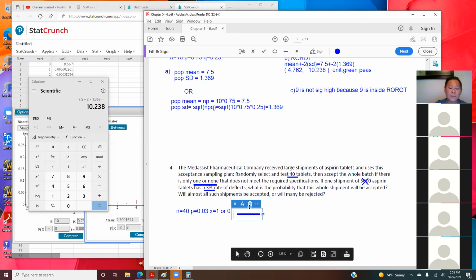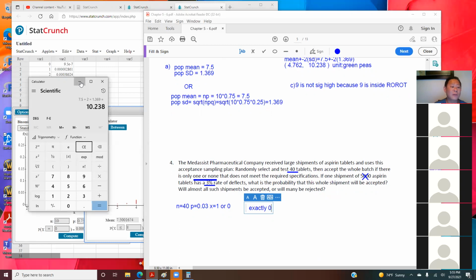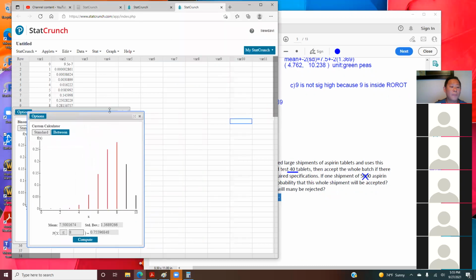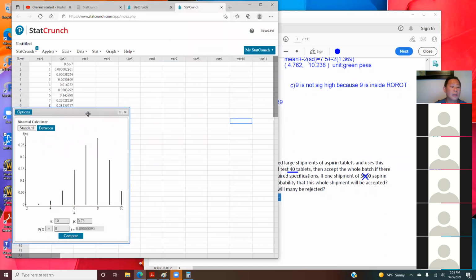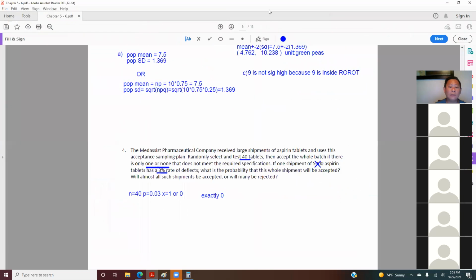So let's find the probability of getting 0 first. So this is exactly 0. How do we find exactly 0 in your binomial calculator? You have to type in n, which in this case will be 40.